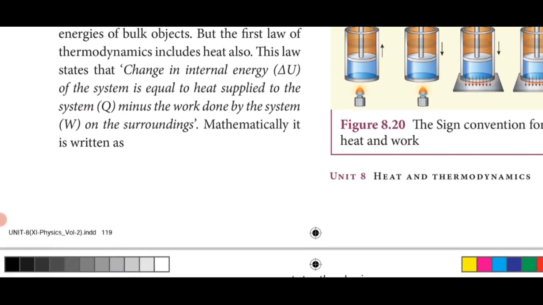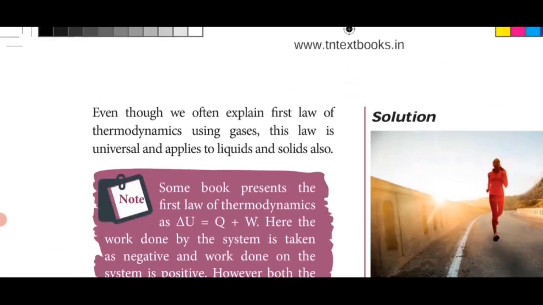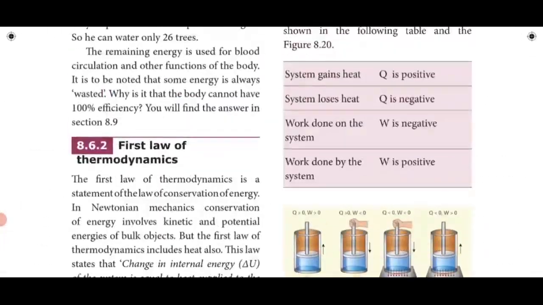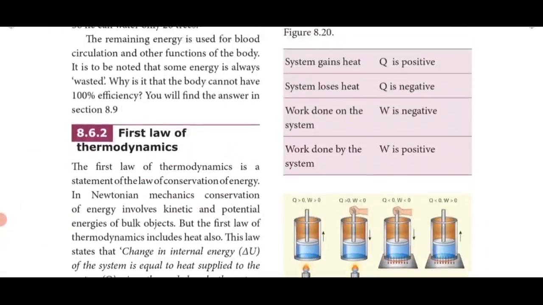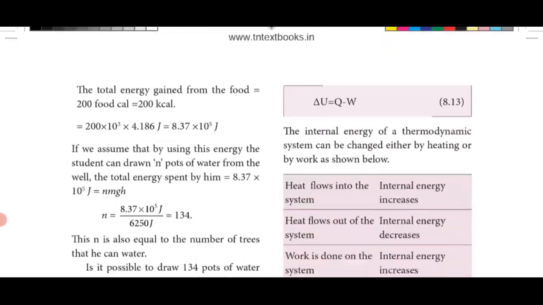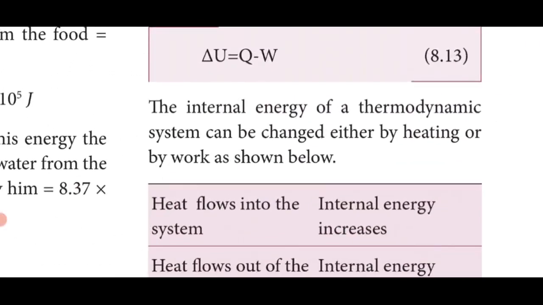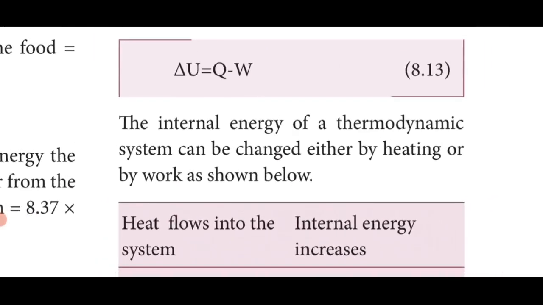For that they have given the diagrams also. We'll see that. So del U is equal to Q minus W. Q is nothing but heat given to the system, and W is the work done by the system.